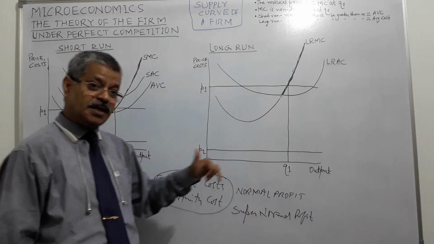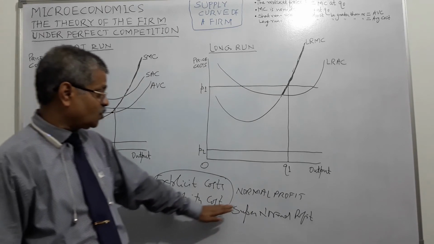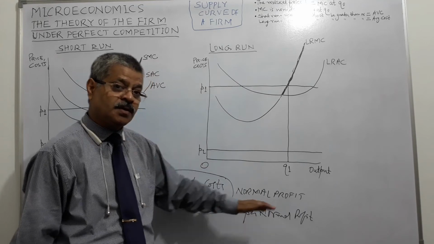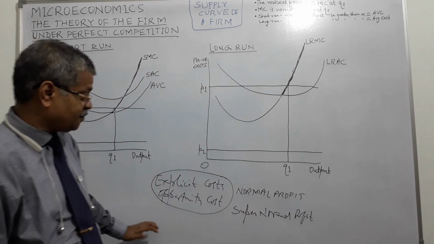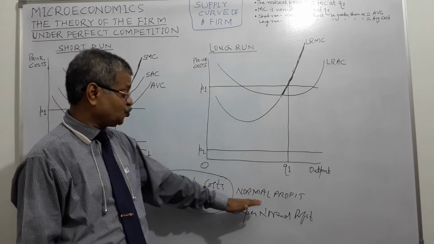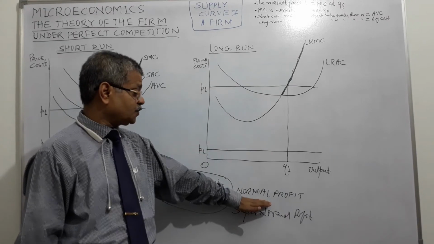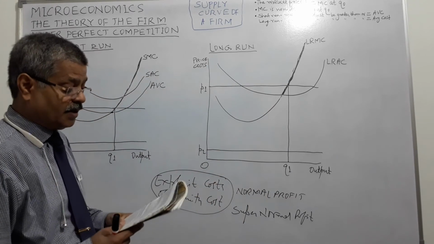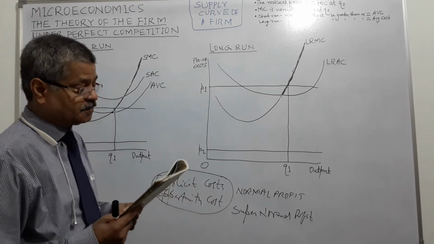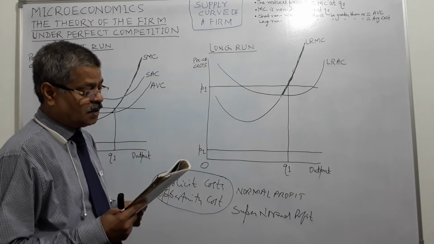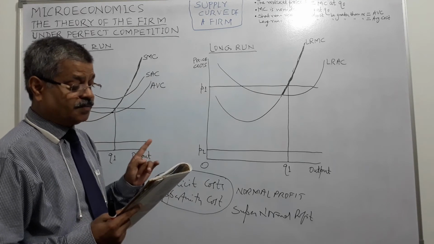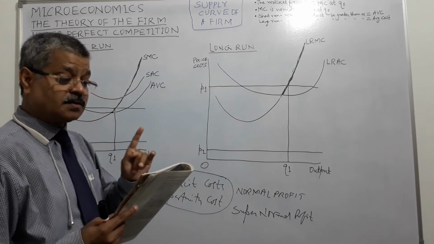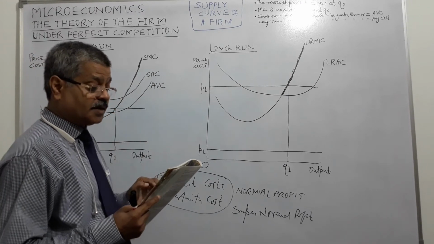In the short run, a firm may take a decision to continue to produce even when it is below the normal profit level. Those are business decisions, right?